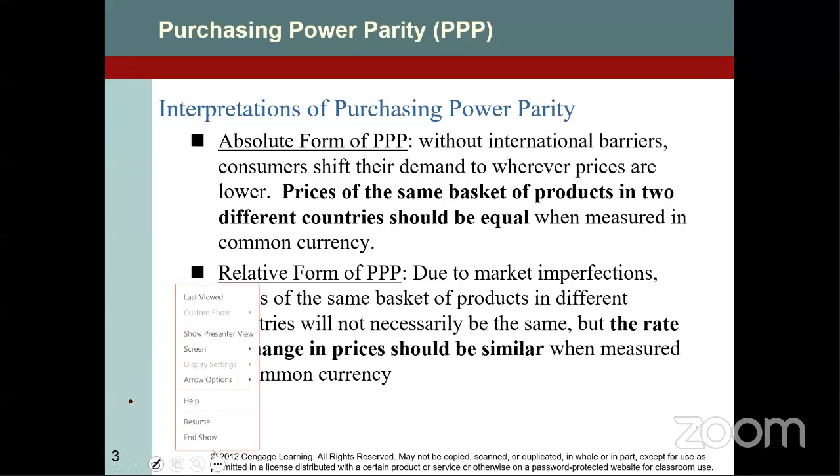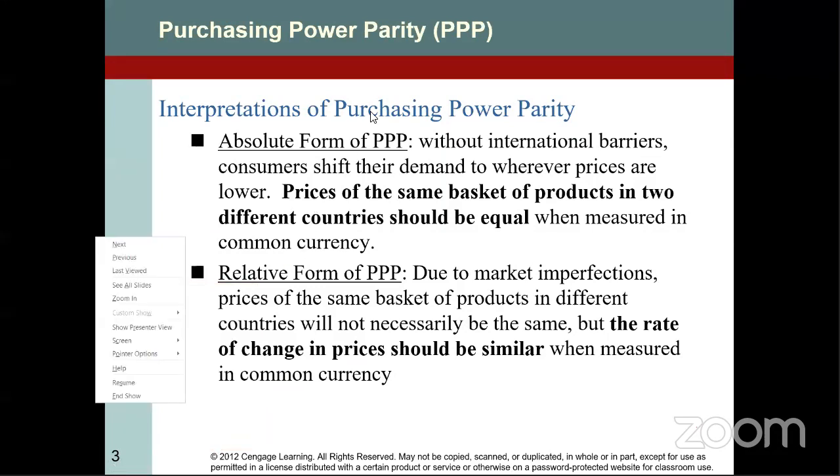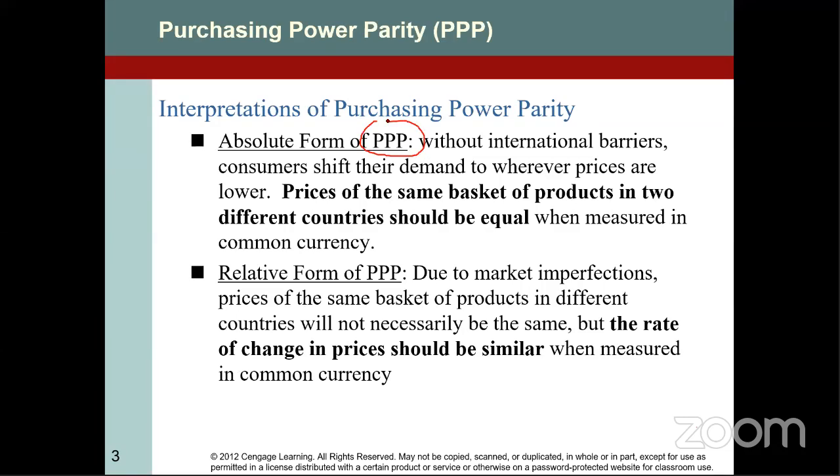Then we have an absolute triple P. This is without international barriers, that we already discussed last week, about the products that have the same price in the same countries.